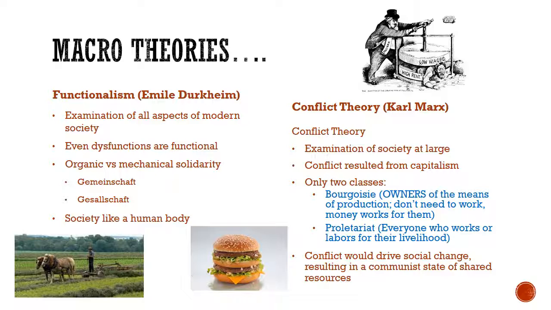Now, mechanical solidarity or Gesellschaft, modern society, looks at society more like the human body. The human body has numerous different organs and cells that all work together, but they play different roles, right? A lot of it we can trace back to your purchase of a Big Mac through the McDonald's drive-thru.